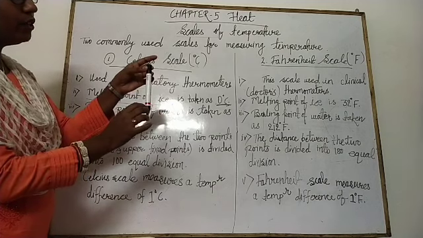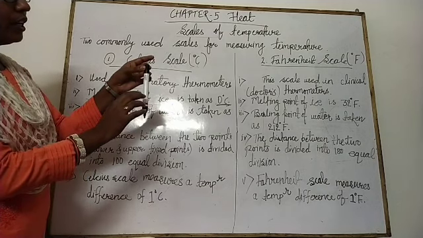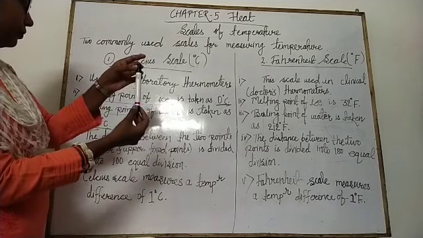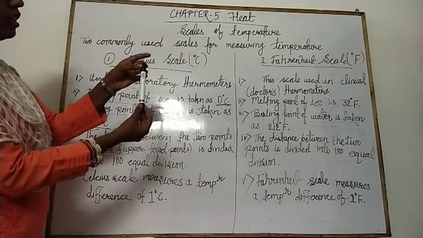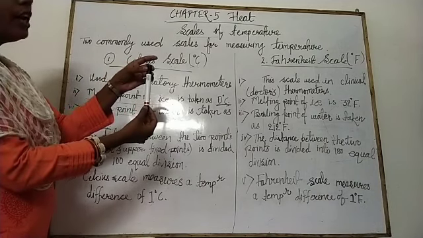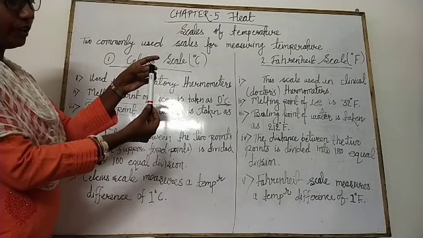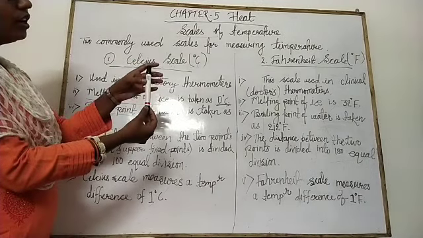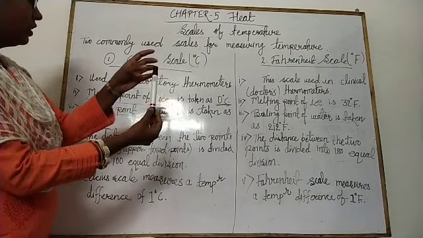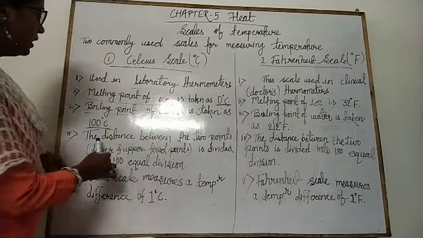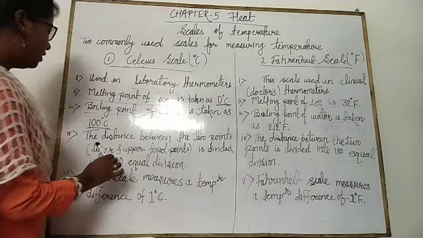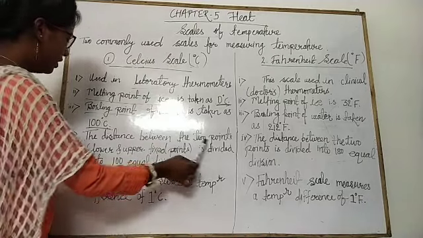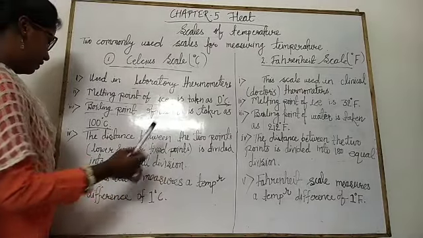Between 0 and 100 there are 100 equal divisions: 1, 2, 3, 4, continuing up to 100. So the distance between the lower and upper fixed points is divided into 100 equal divisions.